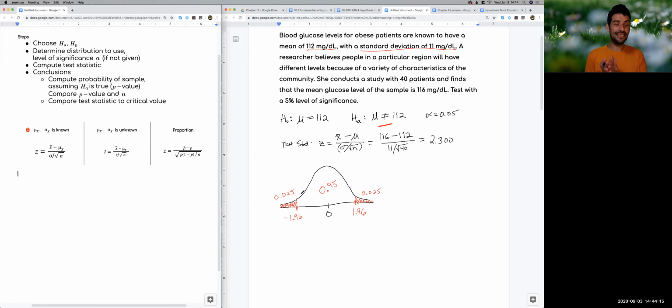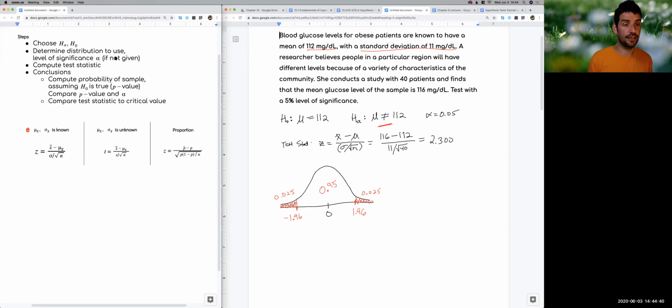So remember, we're testing to see if what we just got, this sample with 116 milligrams per deciliter, if that's a rare enough event to believe there's something more here going on than random chance. More rare is further away from the mean. So we're testing if our test statistic is further away from the mean than these critical values.